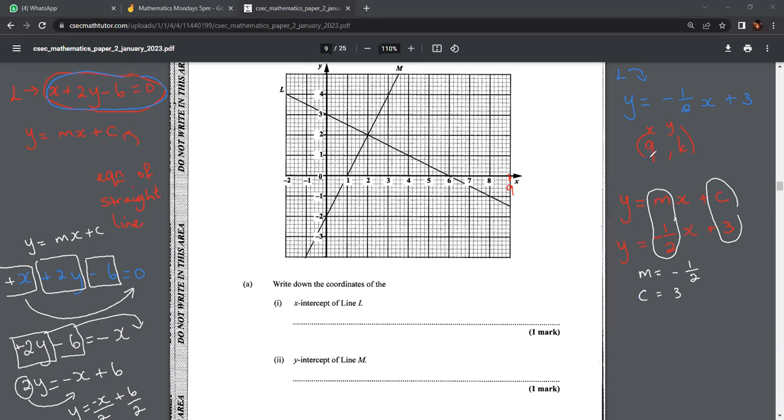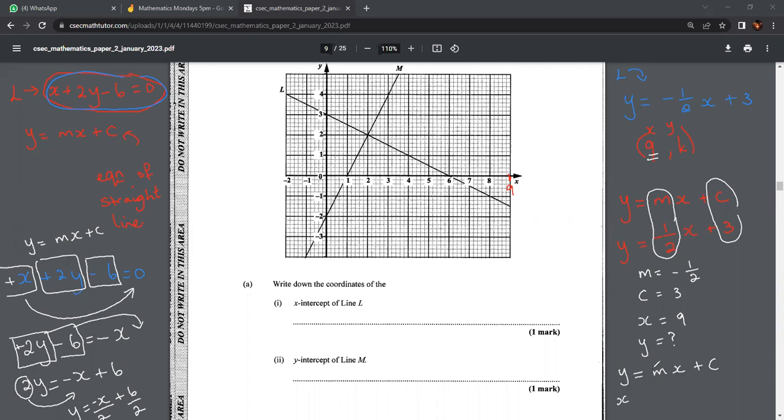They told me that x is 9 and they want me to find y. So what we can do is substitute what we know into the equation y is equal to mx plus c. I have y, that's what I'm trying to find.